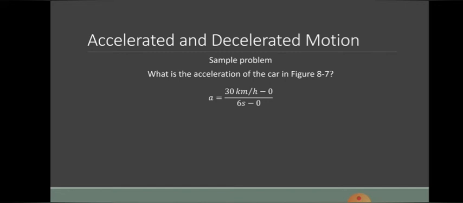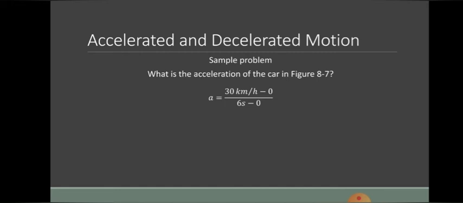Now, in this case, in your book, our velocity final, see the V below, is 30 km per hour. It starts with 0. Of course, it has not started yet. Its start is at rest, so it is not moving yet. So, 30 km per hour minus 0, over the time frame in our figure. Our final time is 6 seconds.